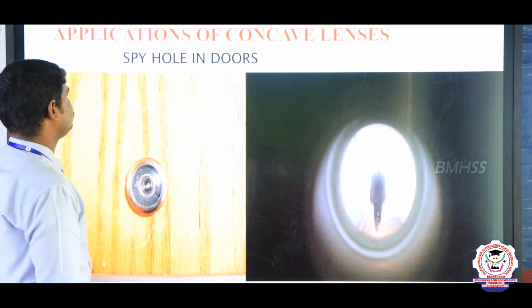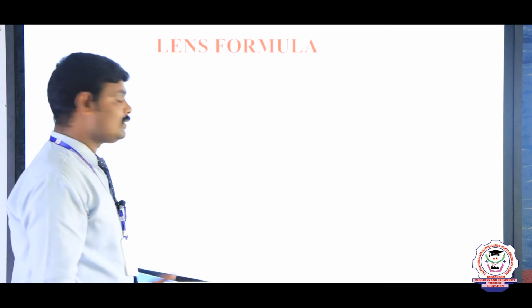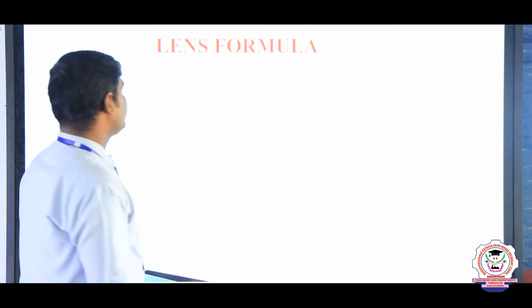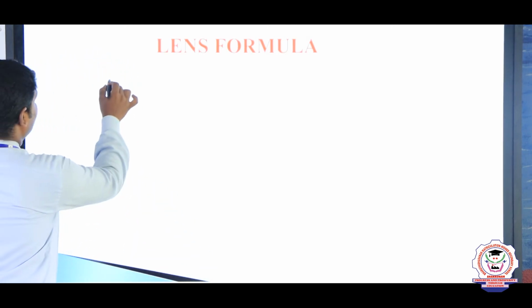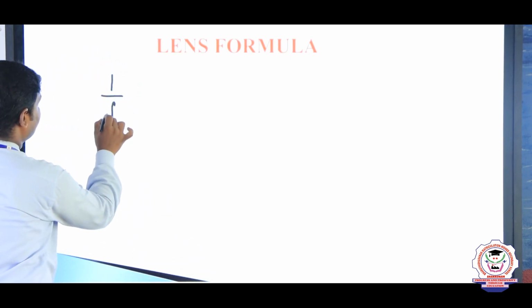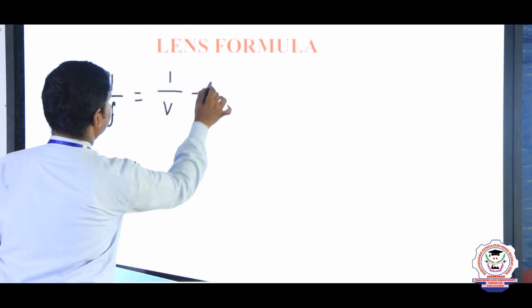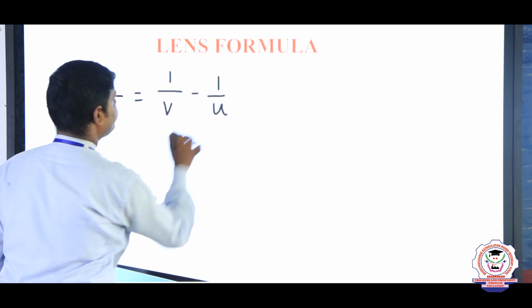Then the lens formula, this is very important. The lens formula is 1 by f is equal to 1 by v minus 1 by u.